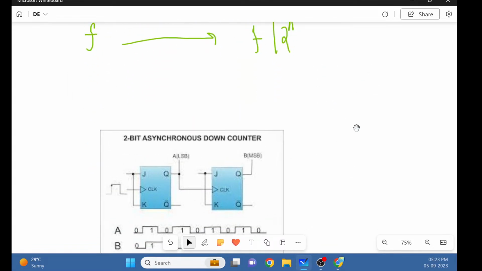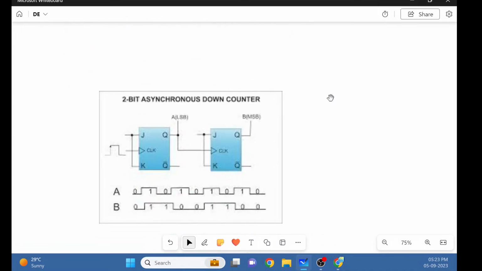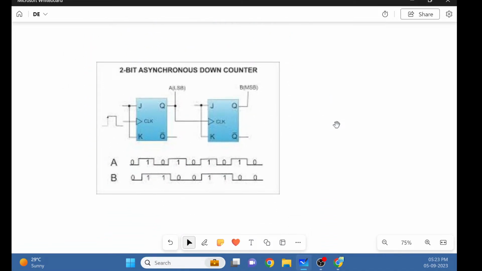So what does the bubble indicate? Yes, a bubble distinguishes positive edge triggered and negative edge triggered. Whenever there is a bubble, it is negative edge triggered and acts as a down counter, and when it is positive edge triggered, it acts as an up counter.